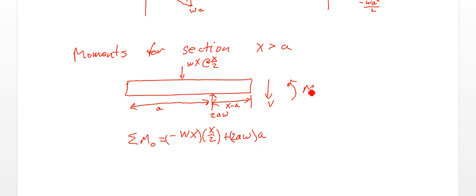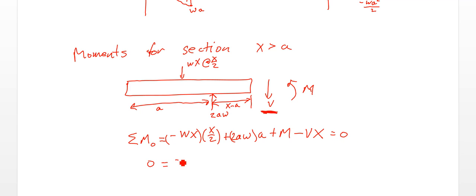I have this moment here, that's going to be a positive moment, so plus M. And then this component from my shear, this is where I made my mistake: the shear is also going to create a moment around x equals 0. That's going clockwise, so I'm going to say negative V times x. So it's acting at x, V is at that point. If I expand this out, that all equals 0.